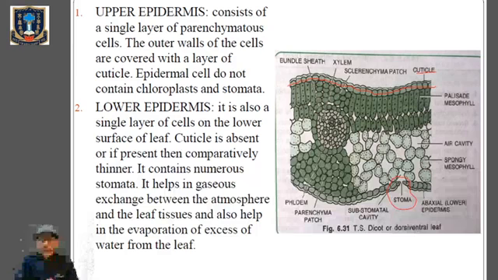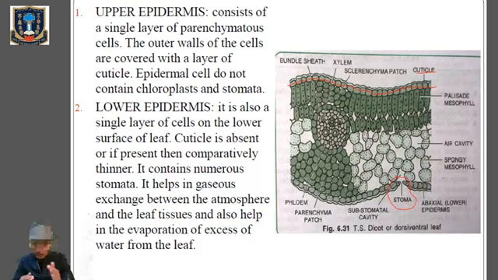Stomata help in the gaseous exchange between the atmosphere and the leaf tissues, and also help in the evaporation of excess water from the leaf, because too much water is also not good for the plant. Those excess water will be lost in the form of vapor by the process of transpiration through the stomata from the surface of the leaf.